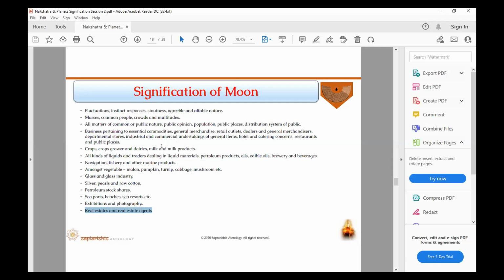But petroleum products, essential commodities, general merchandise, is that included or not? Yes, they are into retail, Reliance Retail outlets. So it means the maximum part is shown by Moon. Saturn is also important here, but I will not take Saturn for today. Let's take one Karakatva for now, Moon.